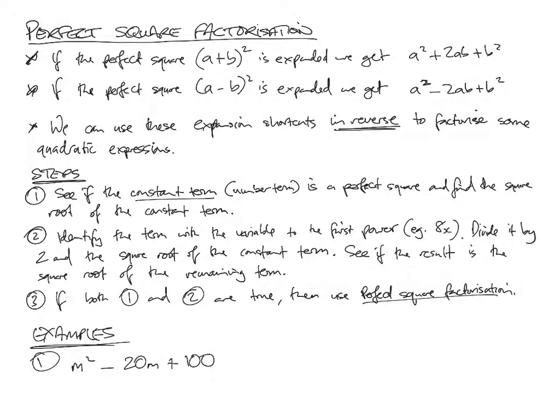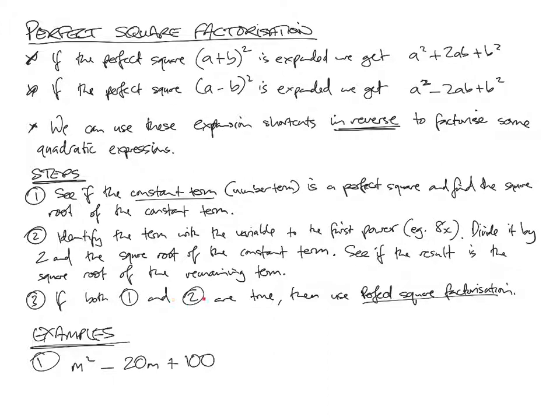Step 2, identify the term with the variable to the first power. So there's always going to be a term where you've just got the variable, say x, by itself, not to the power of 2. Usually the middle term, but the order doesn't matter. So for example, 8x. Now if you divide that by 2 and the square root of the constant term that you found in step 1, see if the result is the square root of the leftover term, the one that's the variable to the squared power, so x squared.